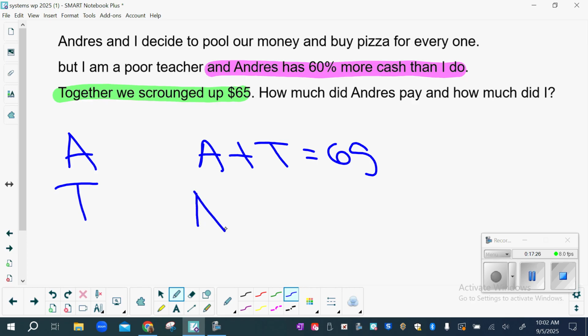Here's Andres. He's got more. Here's me. I don't have much, but I have at least what's in my pocket plus some more. 1.6 T. Are we cool with that?